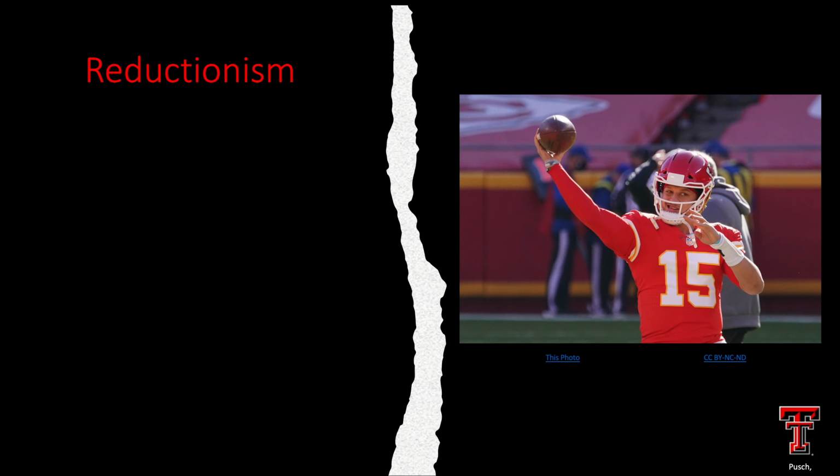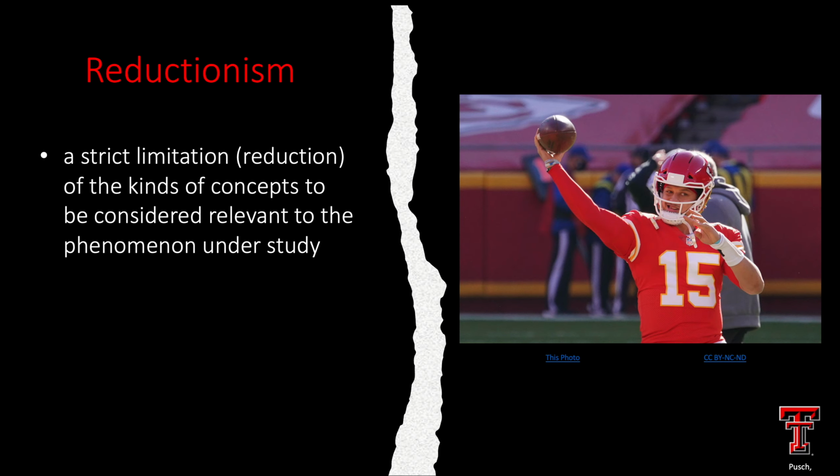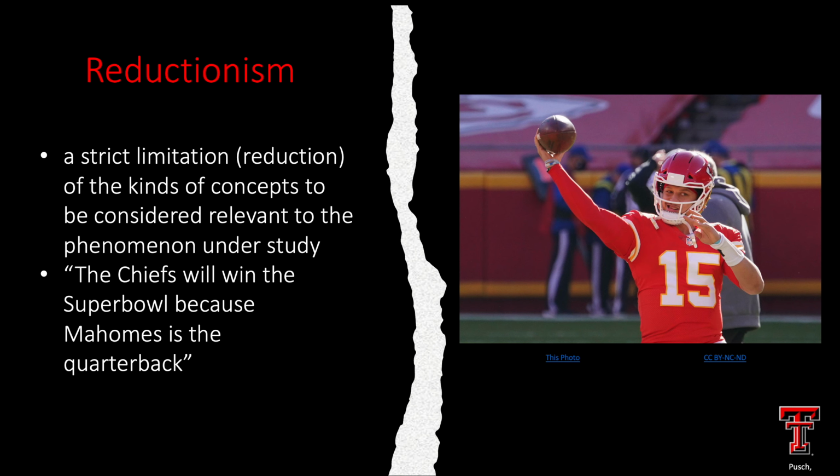Okay, another error that we can make is reductionism. So this is a strict limitation or reduction of the kinds of concepts to be considered relevant to the phenomenon under study. So basically this is saying because one thing is there, that will make it what it is. An example, saying that the Chiefs will win the Super Bowl because Mahomes is the quarterback. Well, that's a good prediction, I guess.